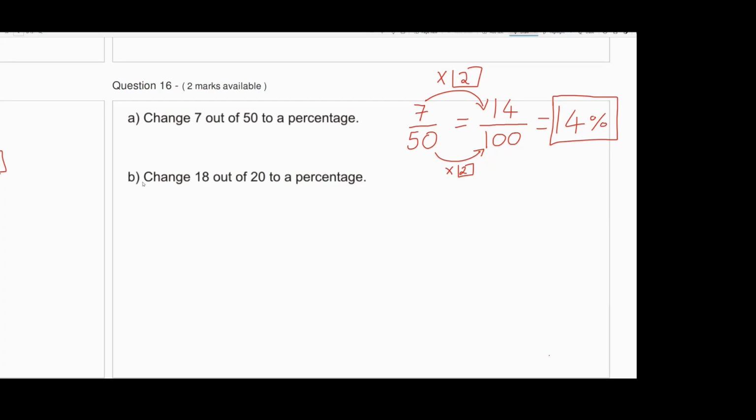So before we do B, I'm just going to give you one to try. Can you have a go at doing 3 out of 50 as a percentage? What would that be?